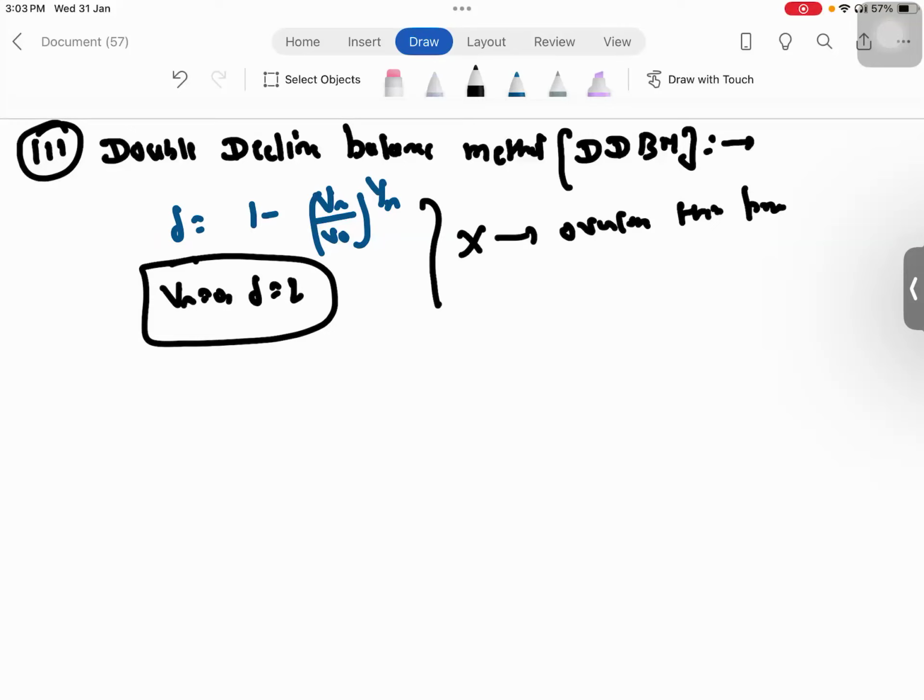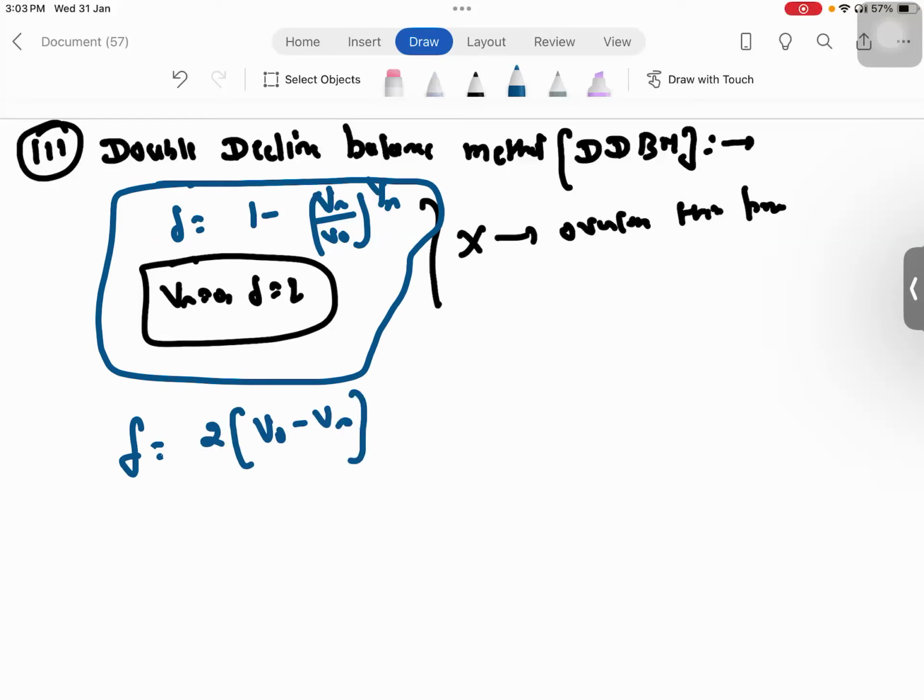So what the double declining balance method says is that the percentage fixed factor can be written as 2 into (V naught minus Vs) upon N into V naught, right? So this one is the percentage fixed factor that will be used in the double declining balance method for the depreciation calculation.